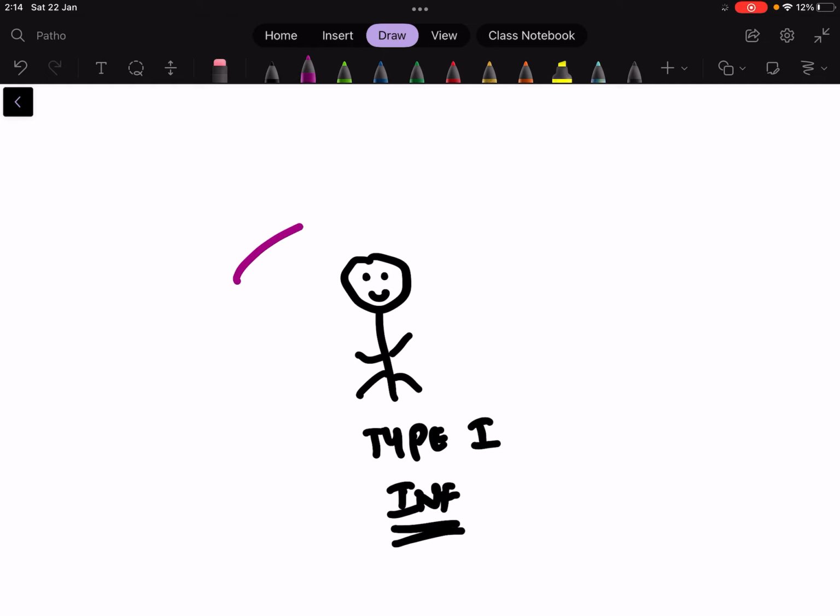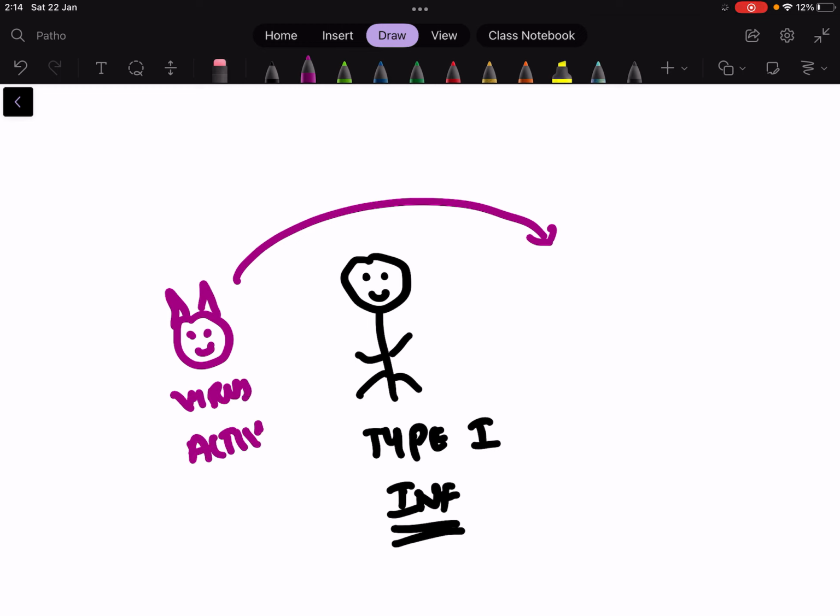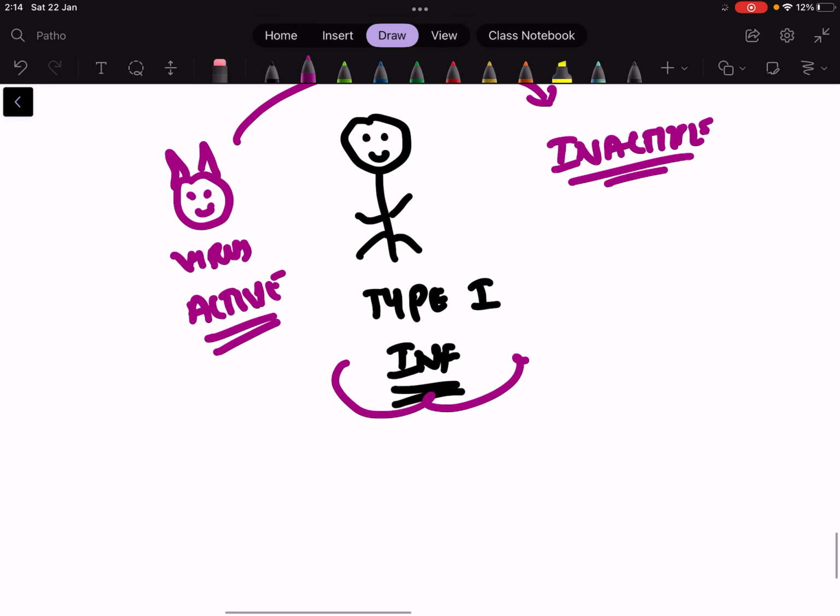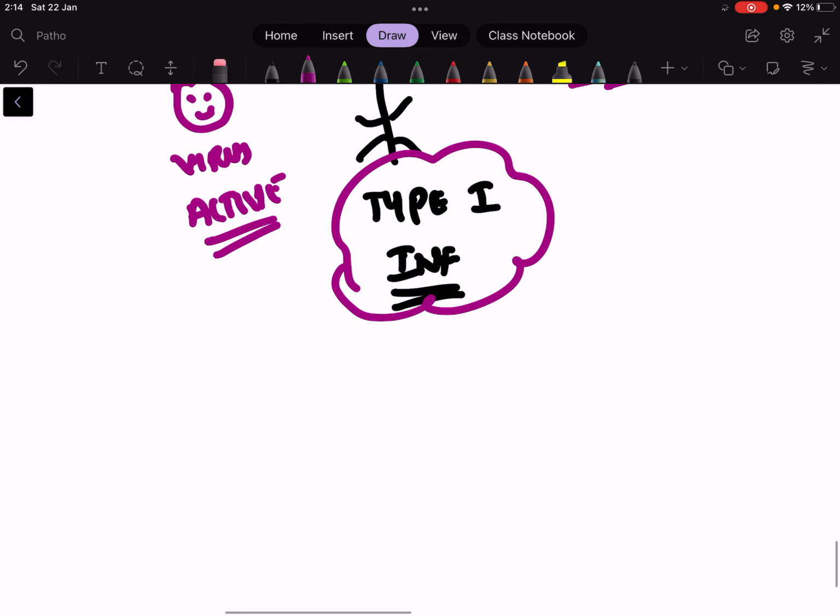The function of type 1 interferon is to convert the active virus into inactive virus. Hence type 1 interferons are also called antiviral interferons.